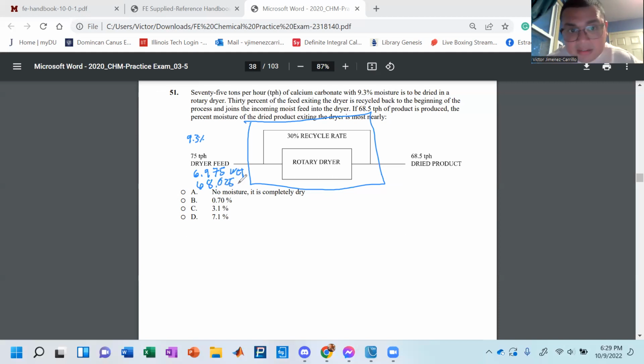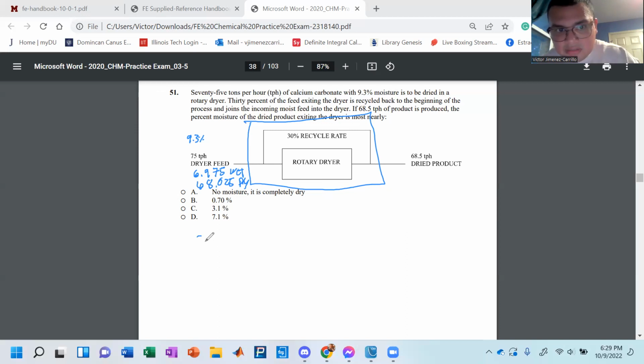This is dry product, tons per hour. Now, the reason we look at the overall mass balance is because what's coming in is coming out. You can see the distinct difference. What's coming into the system dry is this number, 68.025. What's coming out of the system, quote unquote dry, is 68.5. Now, clearly there's a discrepancy, and that has some type of water weight to it because it's higher than the dry mass coming in.